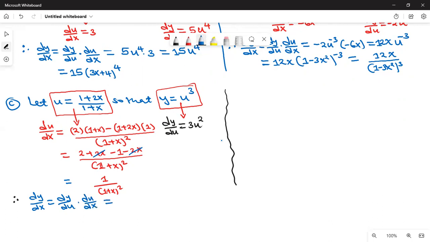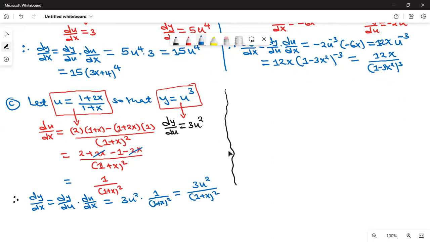So when I substitute dy du, that is 3u squared, times what you have found, 1 over (1 plus x) squared, which you can write as 3u squared divided by (1 plus x) squared.